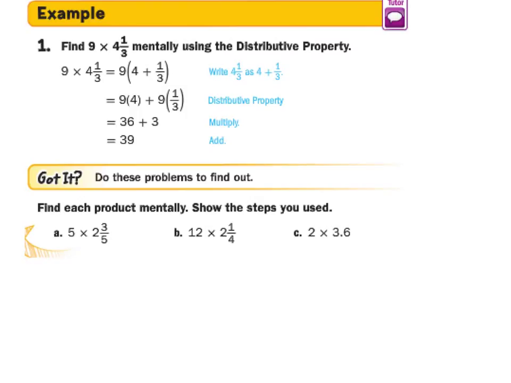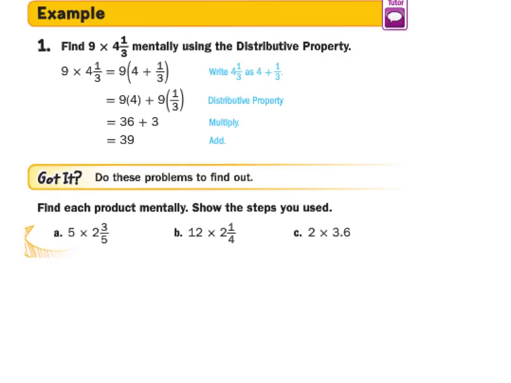So the distributive property can help us when we get some nasty numbers or fractions like 4 and 1/3 times 9. Now I know we know the shortcut, and in our regular math we would just take 4 times 3, add the 1, and get an improper fraction and do the multiplication. But our goal here is to use the distributive property to help us do this mentally, okay? So let's break it down.